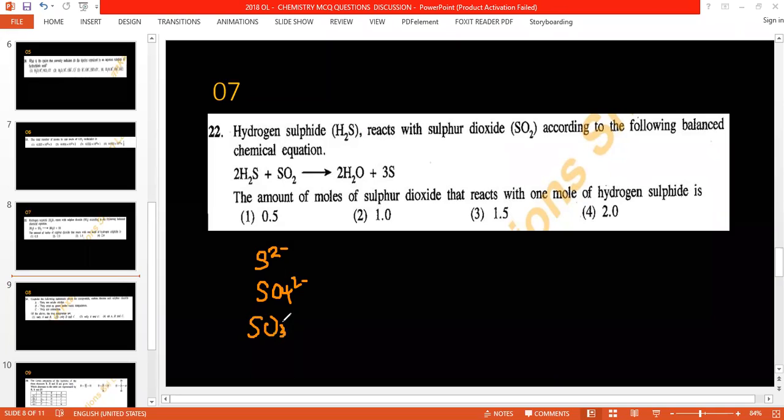What are the differences between these three? This is sulfide. Sulfite. This is sulfate.